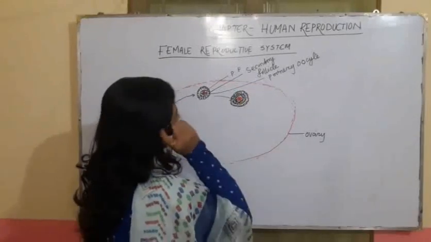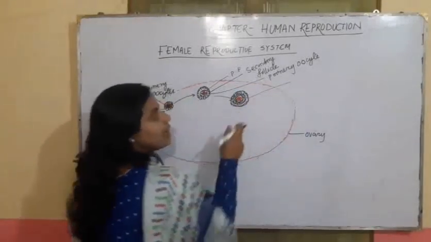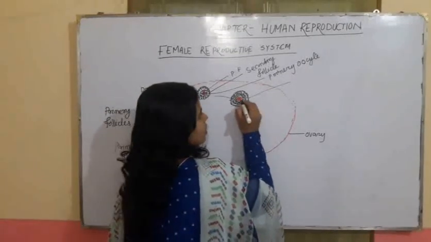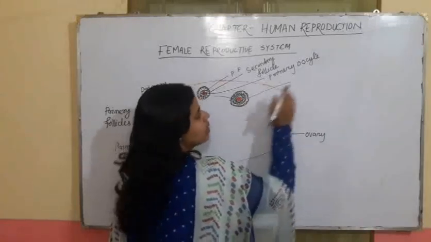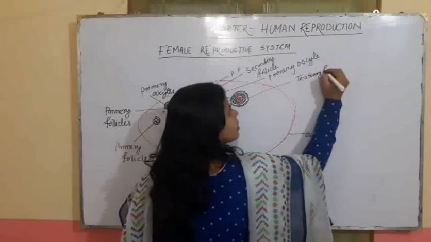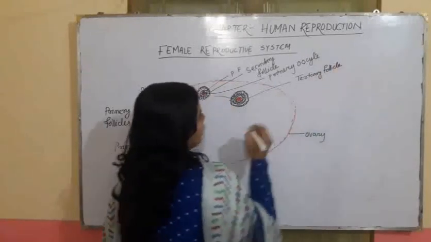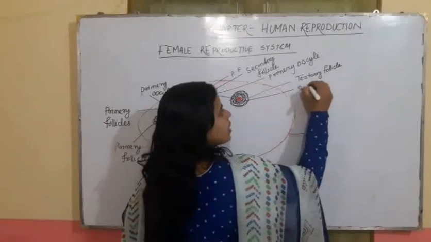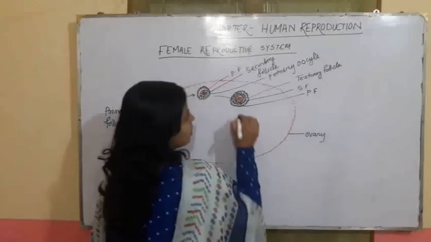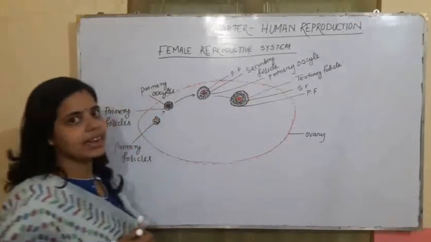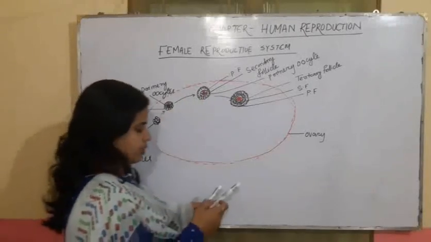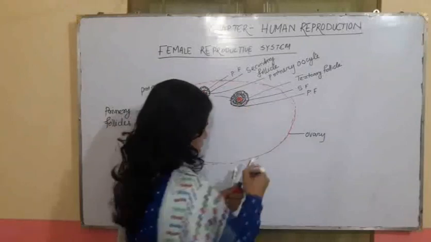So you can find here that 3 layers are formed now, right? So this third layer is now called as what? Tertiary follicle. Okay, this is again the secondary follicle, and this is the primary follicle, and what is present inside now changes from primary oocyte to secondary oocyte.